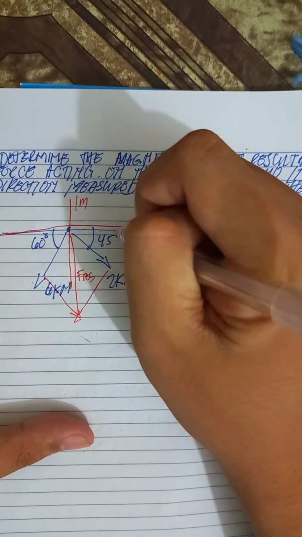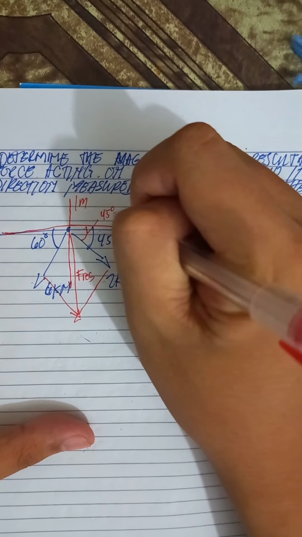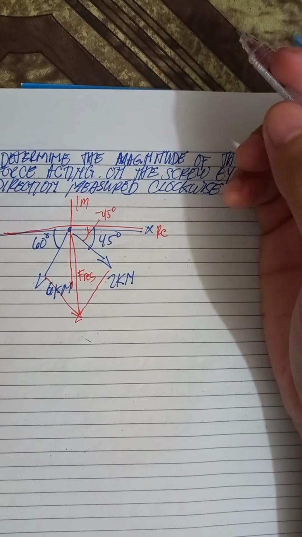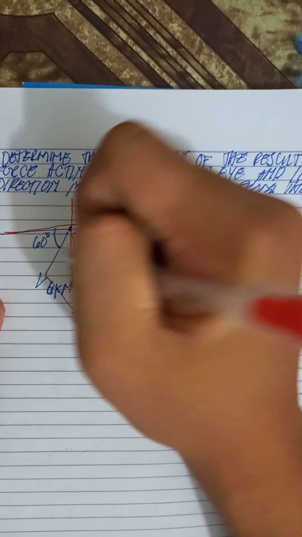This will be a 45-degree negative angle, and this will be 120 from this.